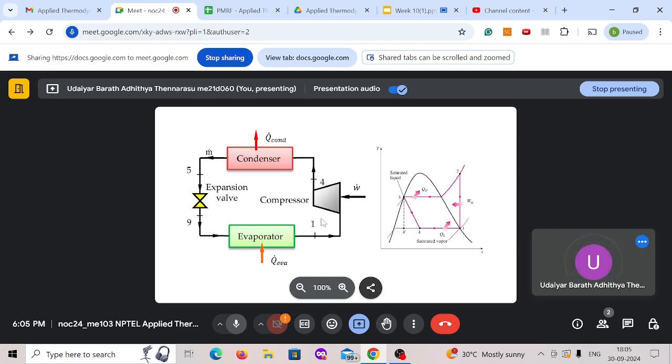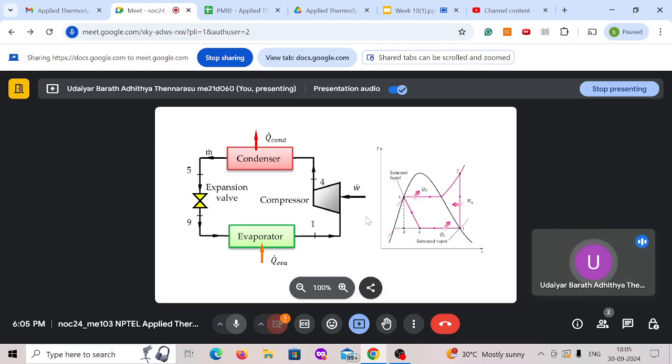Then it comes out at state 1. Ideally we require it to be a saturated vapor, to avoid any liquid entering the compressor, since liquids are incompressible, so that may damage your compressor. You don't want any liquid going inside a compressor.